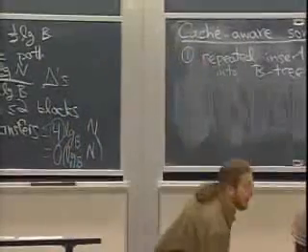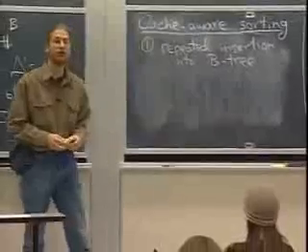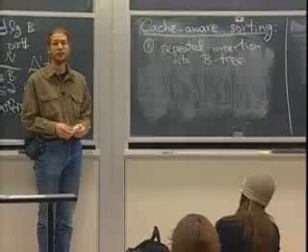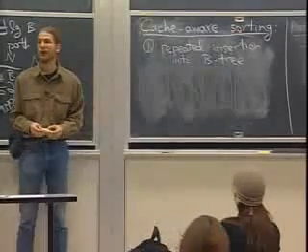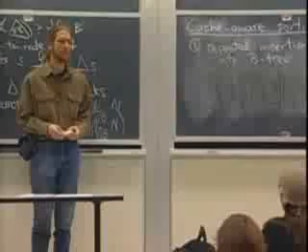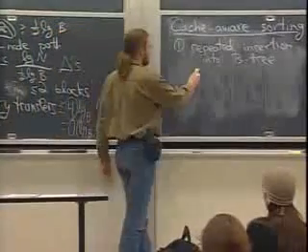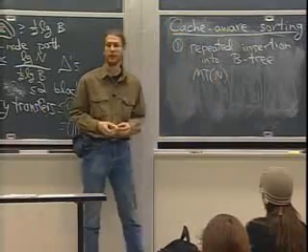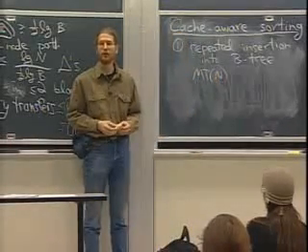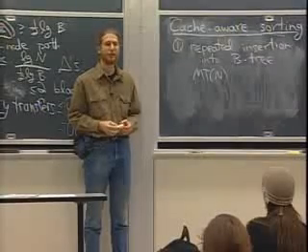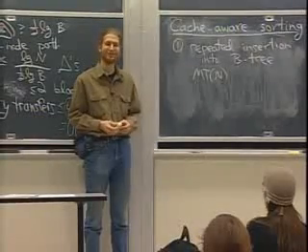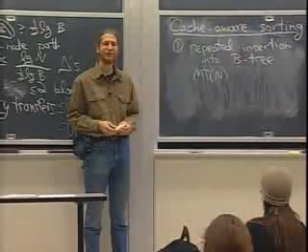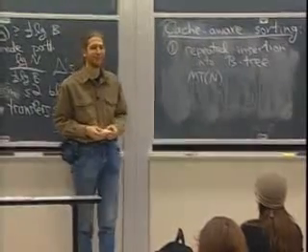So how many memory transfers does this algorithm for sorting take? The number of memory transfers is a function of n and B and M. This is easy. n insertions.